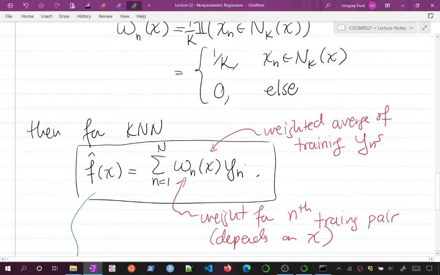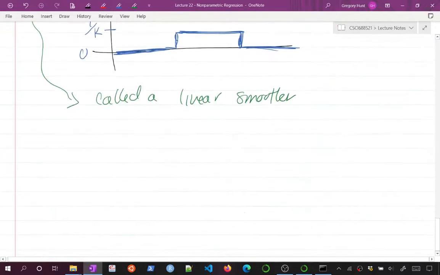It's just a linear combination of my training y's, a weighted average of my training y's. So k-NN may be called a linear smoother.